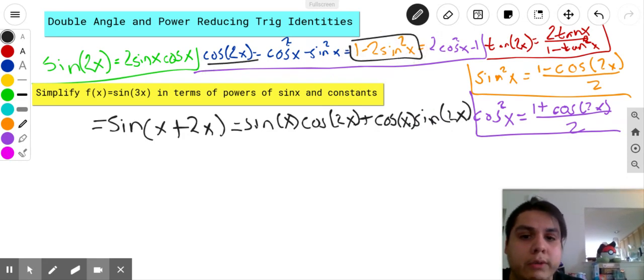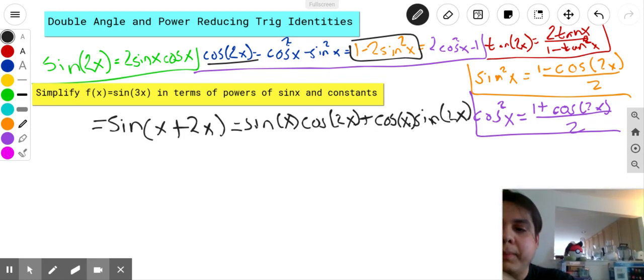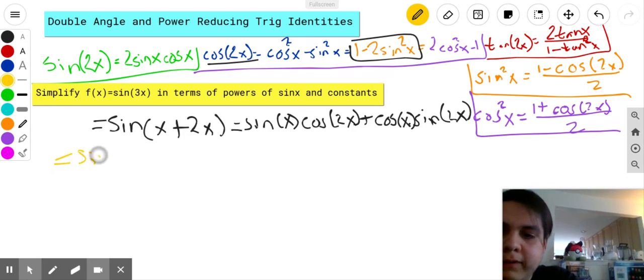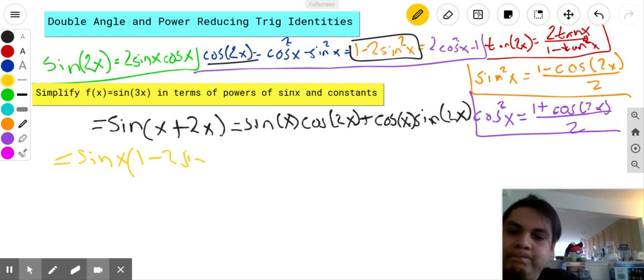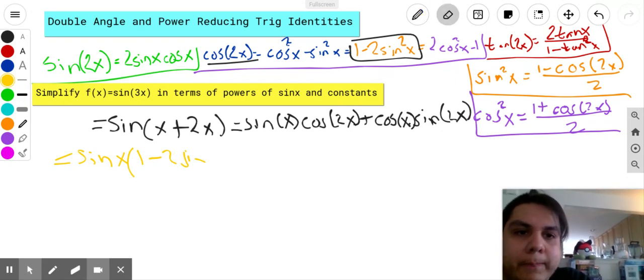So, in doing so, I can view this problem as, let's do yellow. So this is going to become sine of x times 1 minus 2 sine squared.